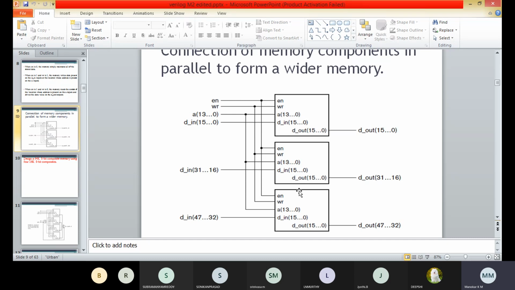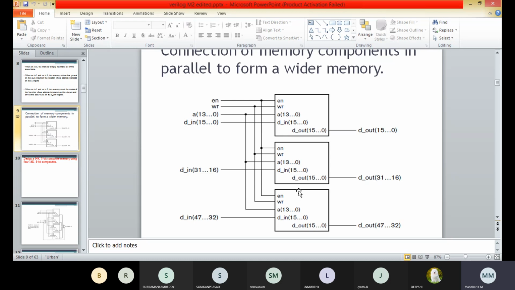For each read and write operation, we need to arrange for the component containing the required location to perform its operation, and for the other components to remain passive.